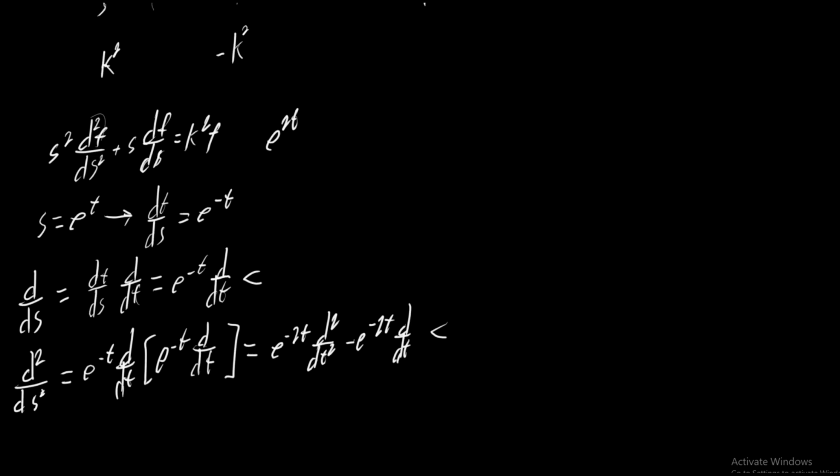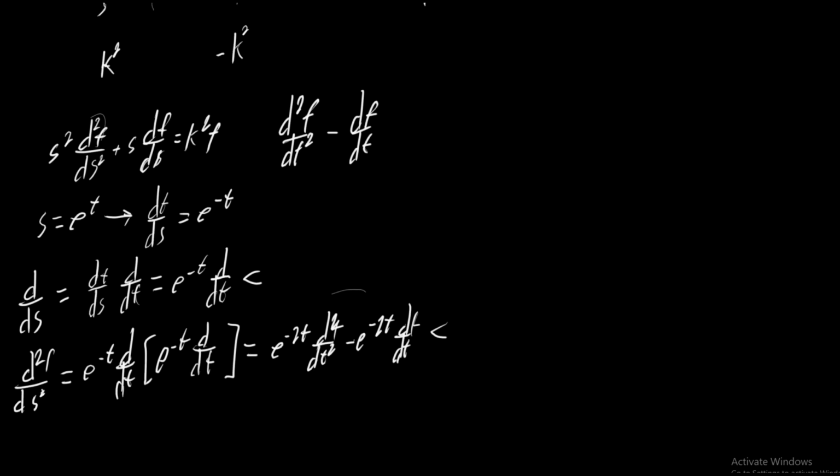I'm just going to skip some steps here, because if we put in an f here, we have e to the 2t's here, and then we're multiplying by e to the 2t. So this is all just going to cancel. And that was the whole point of the substitution. That's the brilliance of this substitution here. What we're going to get is just d squared f/dt squared minus df/dt. That's going to be the first term.